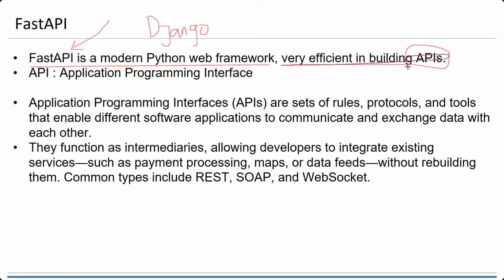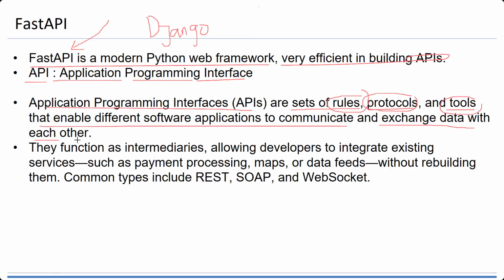So what is API? We call API is the application programming interface. So application programming interface or API are set of rules, protocols, and tools. So later we will see what are the rules, then we will see what are the protocols and what are the tools that enable different software application to communicate and exchange data with each other.